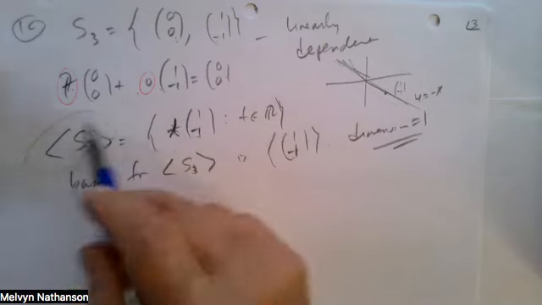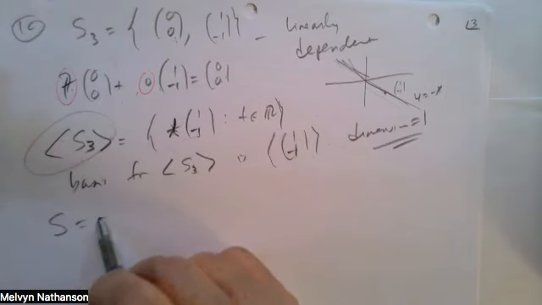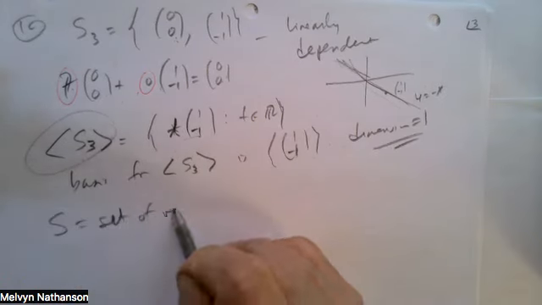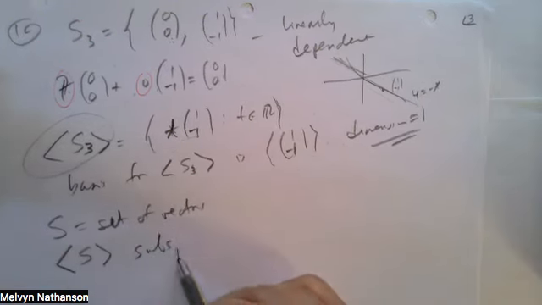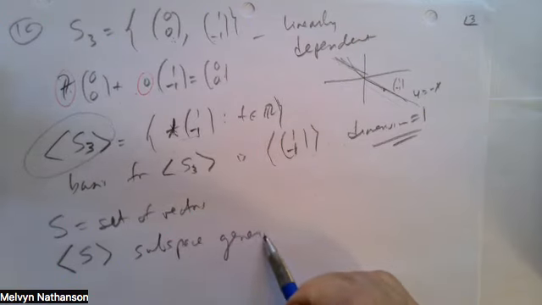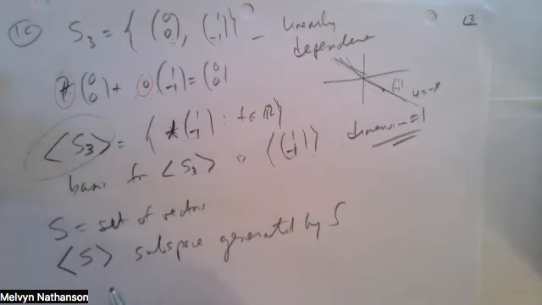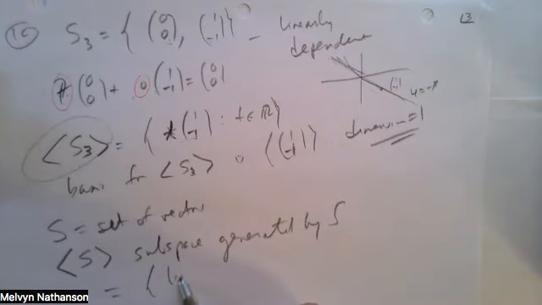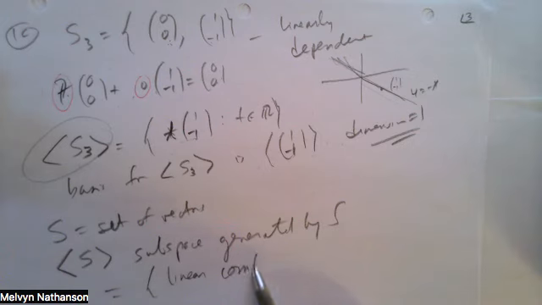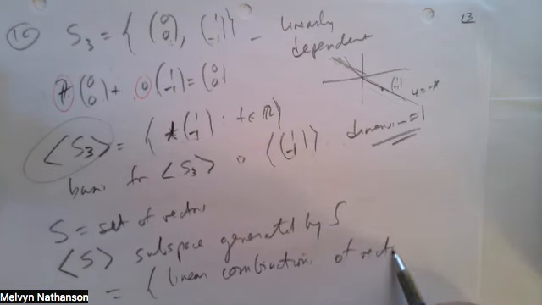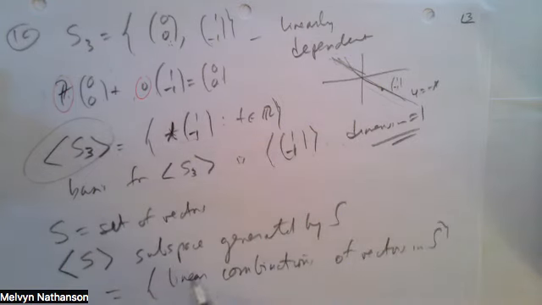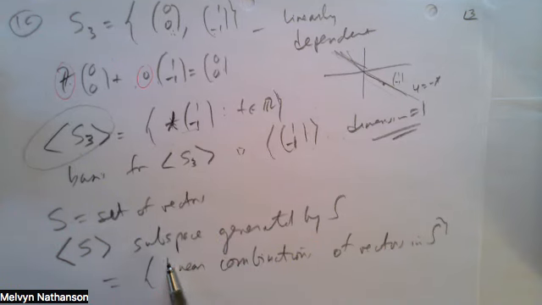So this notation, if you have any set S of vectors, this S in brackets is the subspace generated by S, which is the set of all linear combinations of vectors in S. We proved if you take any set of vectors and you look at all their linear combinations, that forms a subspace.